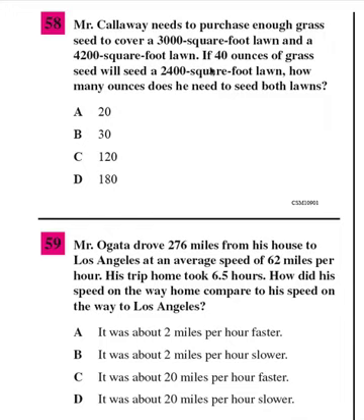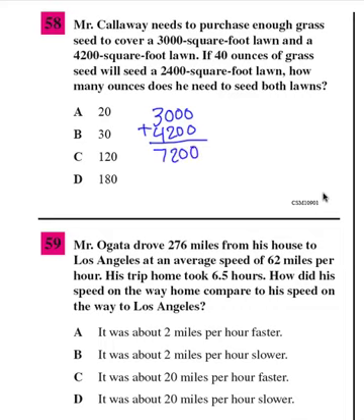So the total that he's going to try to plant grass is 3,000 plus 4,200. That gives me 7,200.